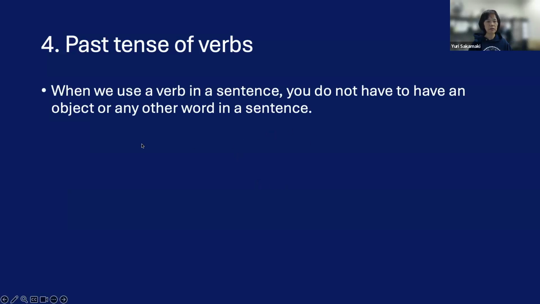All right, and when we use a verb in a sentence, you do not have to have an object or any other word in a sentence. I could just say, 行きます, I go. And you want to ask, like, where, when, with whom? But I don't have to say it. In English, that's a fine sentence too, 行きます. If I want you to know where I'm going, I will tell you.